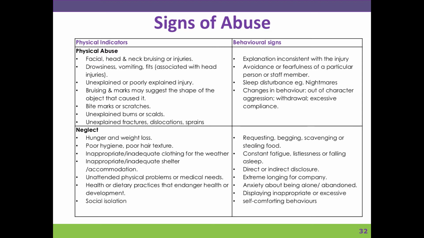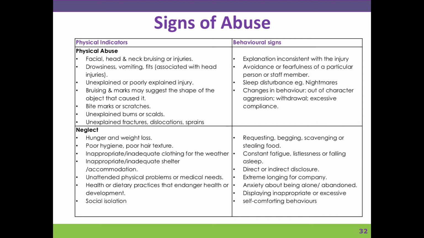For physical abuse, it could include things such as facial, head or neck bruising or injuries, drowsiness, vomiting or fits, unexplained or poorly explained injuries, bruising and marks that may suggest the shape of the object that caused it. For example, if a client got hit by something, the bruising might be the shape of that object.